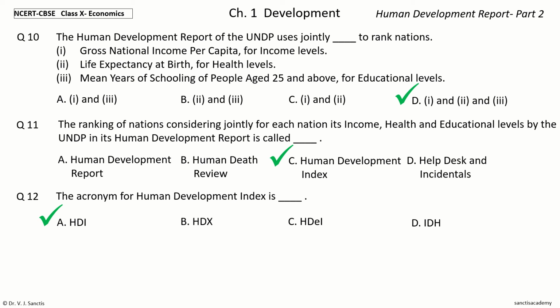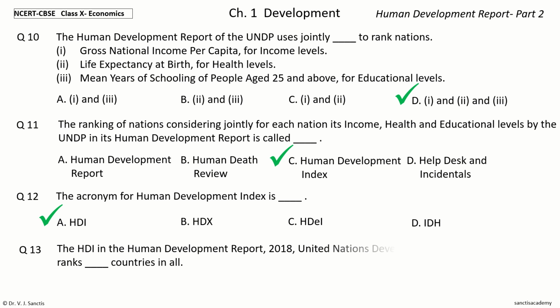Last question, number 13. The HDI in the Human Development Report 2018, United Nations Development Program, New York, ranks dash countries in all. The options are 192, 189, 194, 187.